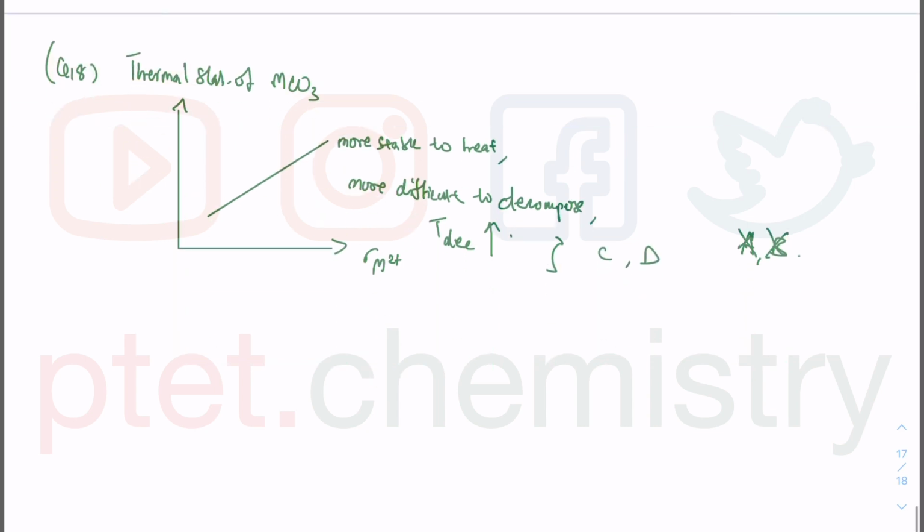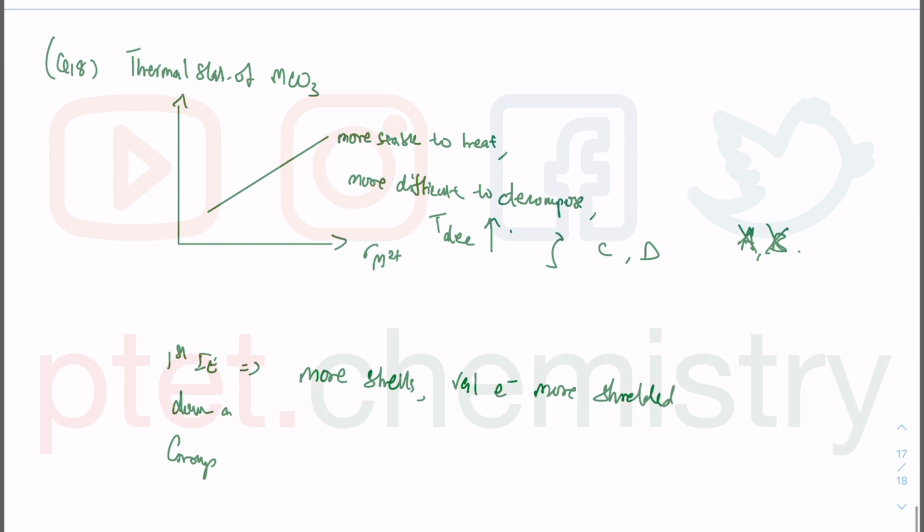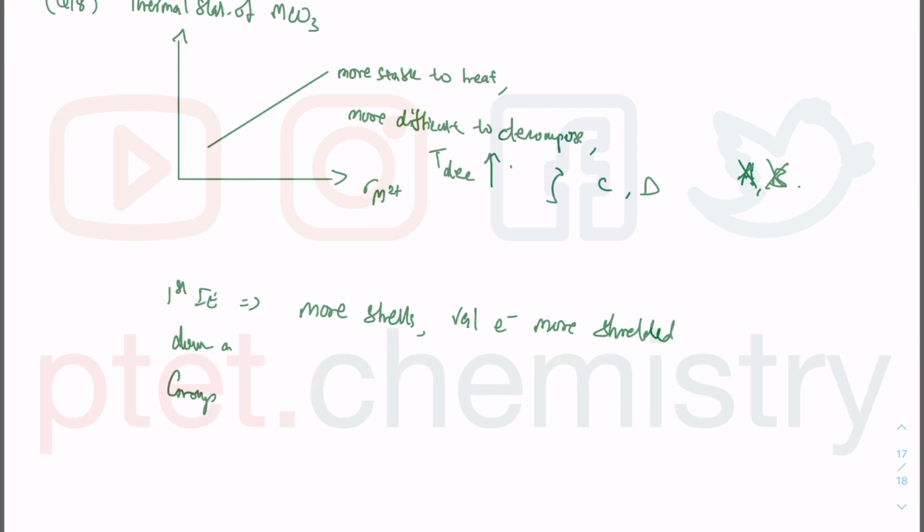In terms of first ionization energy down the group, you should be able to explain this. You have more shells, and therefore the valence electrons are more shielded. Despite the increase in nuclear charge, this more shielding is very important, so your effective nuclear charge decreases down the group.